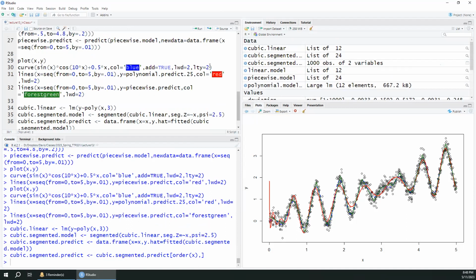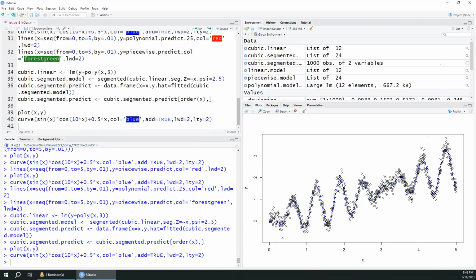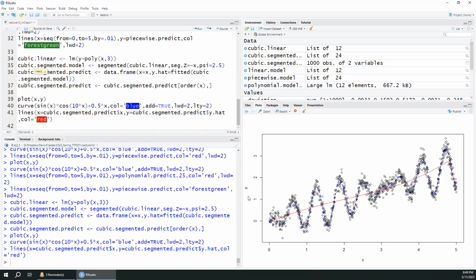Let's grab our old code here so that we have our starting point of the data plus the true fit of the line. And let's go ahead and add in our predicted. Okay.